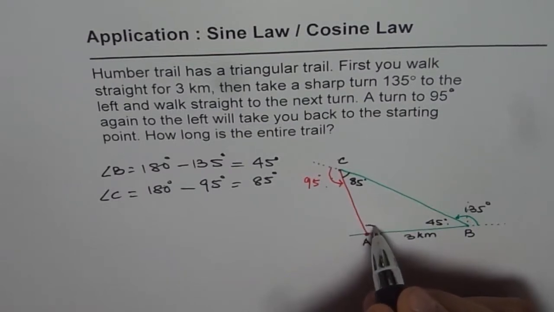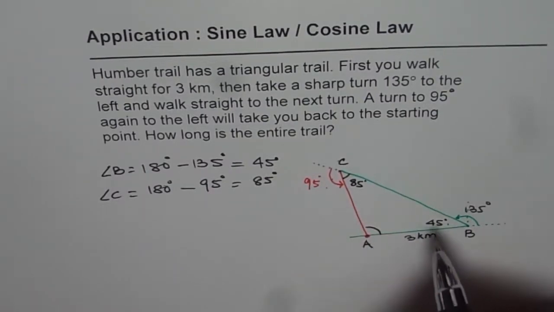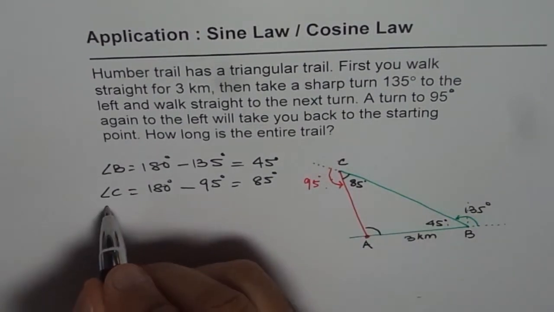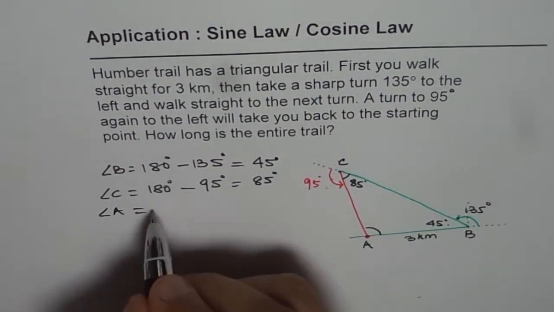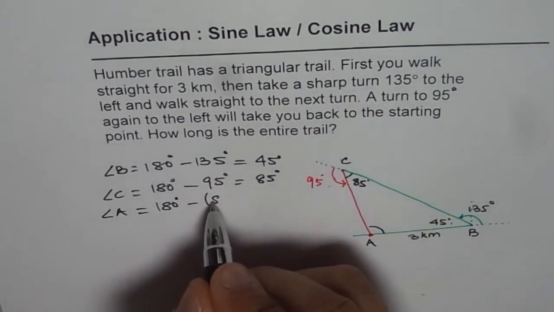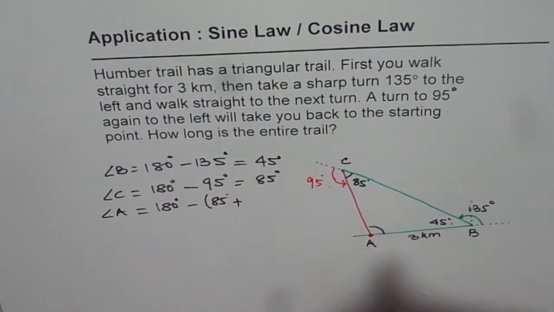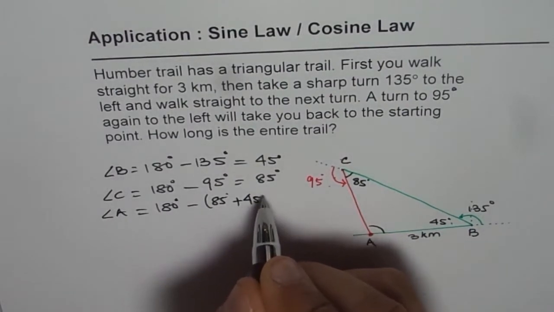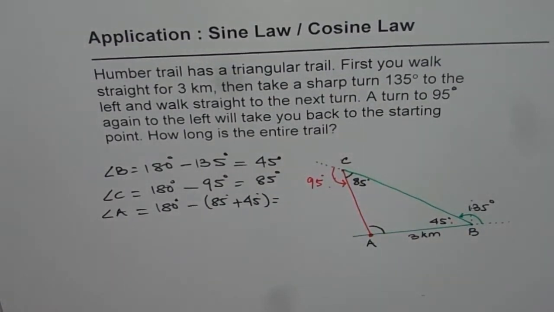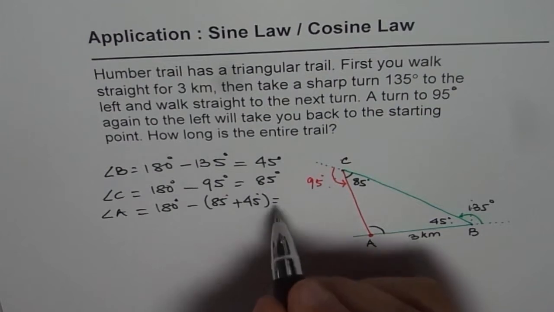This third angle should be 180 minus the sum of these two, so angle A equals 180 minus (85 plus 45). Let's use the calculator: 180 minus 85 and then minus 45. So that is 50 degrees.